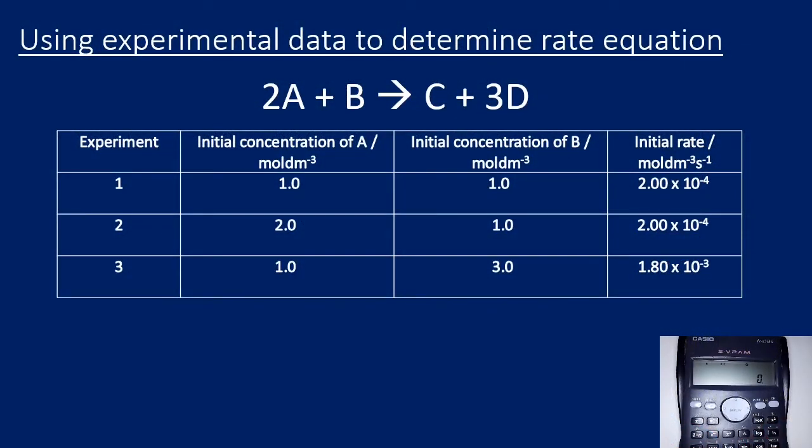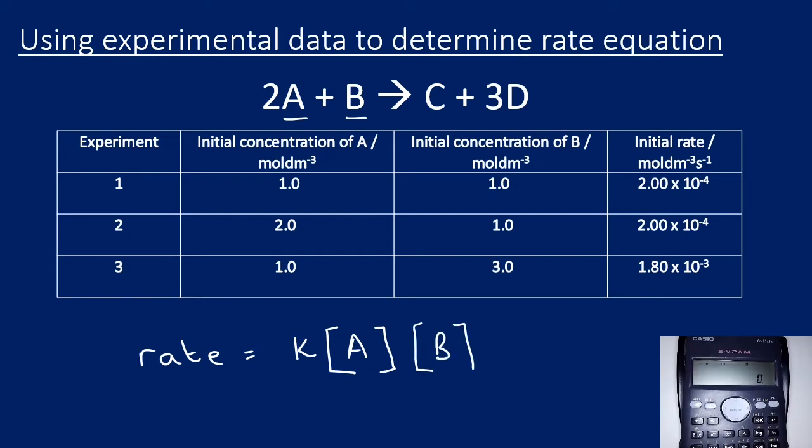Okay, so what we're going to look at now is how we can use experimental data to determine the order of a reaction, or the orders with respect to each reactant. Here we have two reactants, A and B. So we know the rate equation will take the form of rate is equal to k, some rate constant, we'll look at that in the next video, multiplied by the concentration of the reactants.